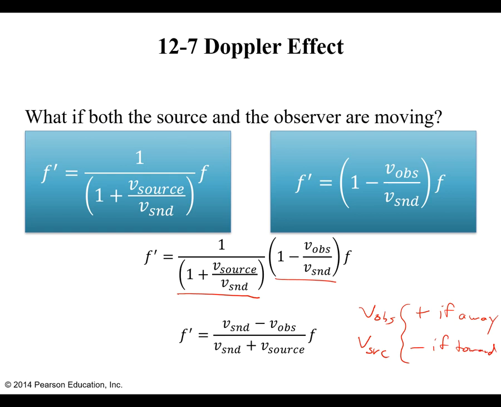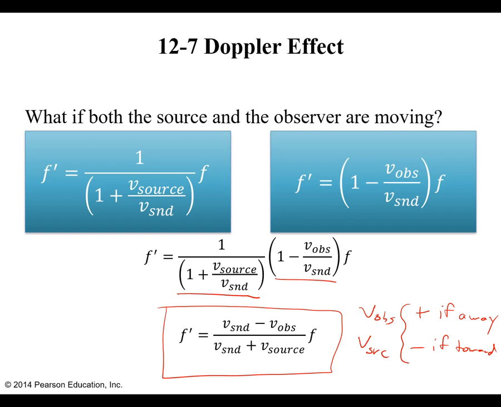Yes. If the observer is moving away from the source, his velocity is positive. But if the source is moving toward the observer, so basically they'd both be moving in the same direction, then V source would be negative. And you could come up with all sorts of different combinations. Anyway, this is the total equation that accounts for both the velocity of the observer and the velocity of the source.